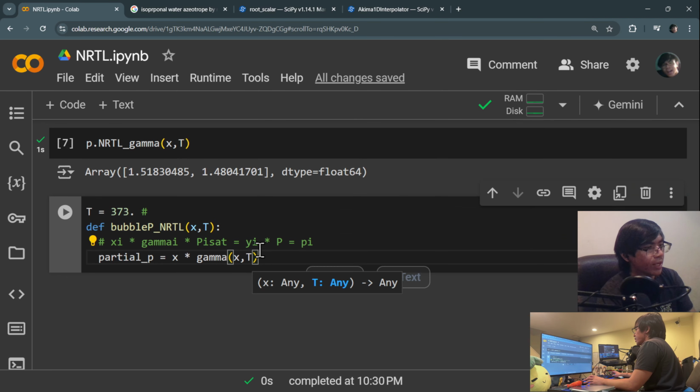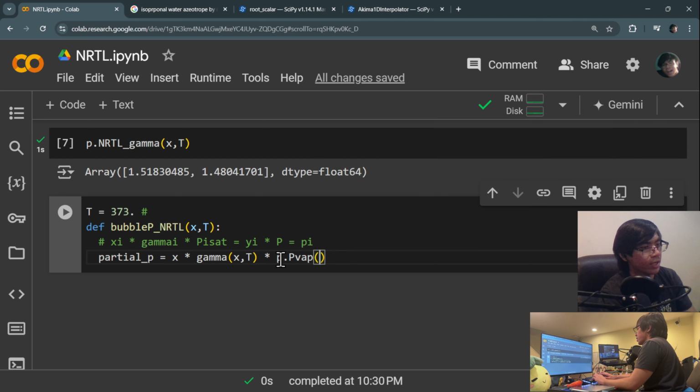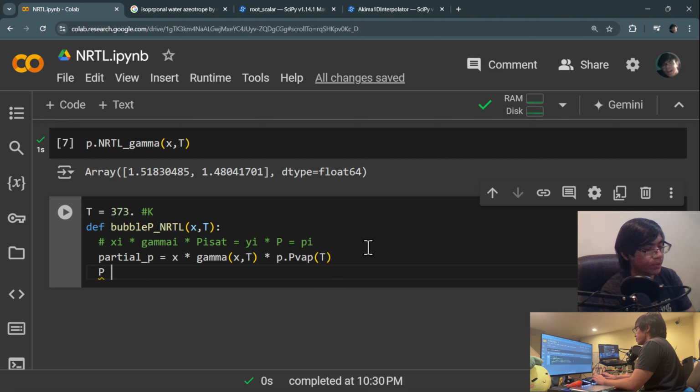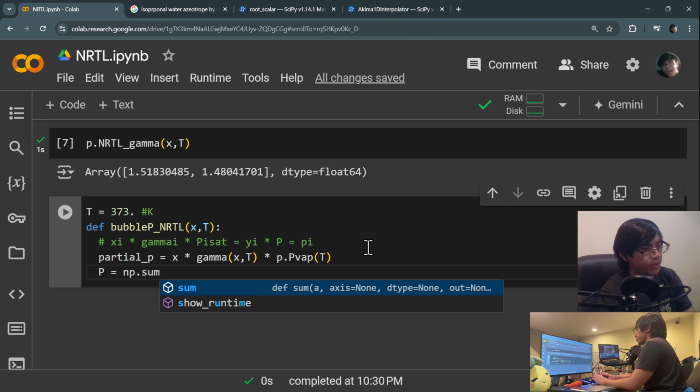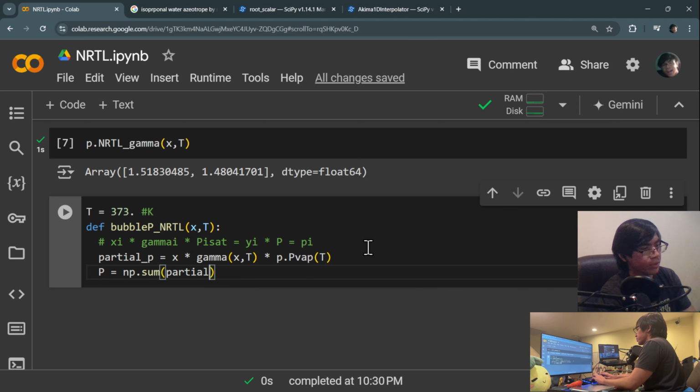And then times our vapor pressures at a temperature, that's the input temperature we have up here, in Kelvins. So that's our partial pressures, and if you have all the partial pressures, then all you have to do is sum those up. I'll go something like P is the sum of those partial pressures.